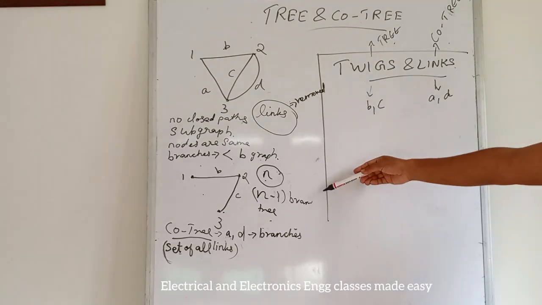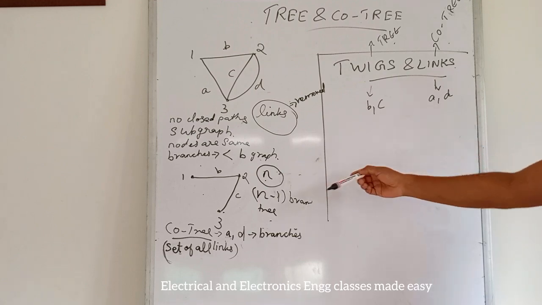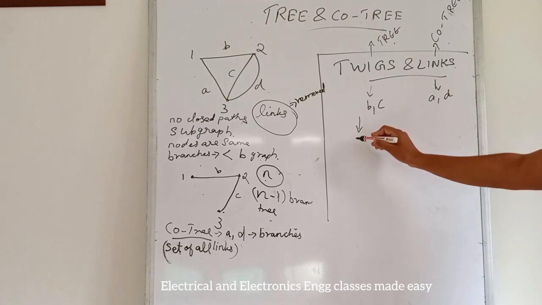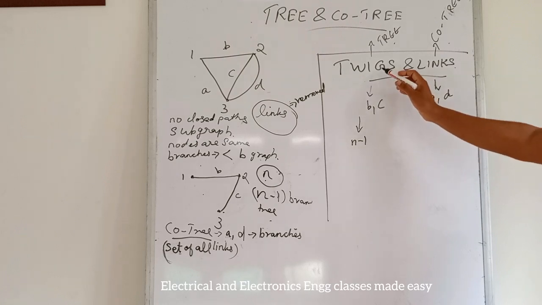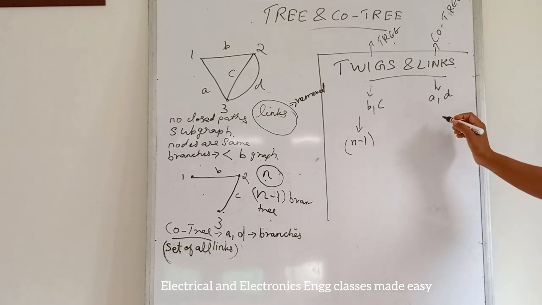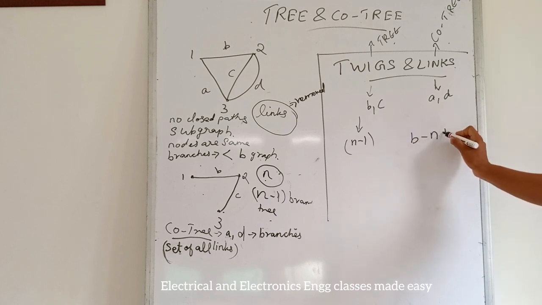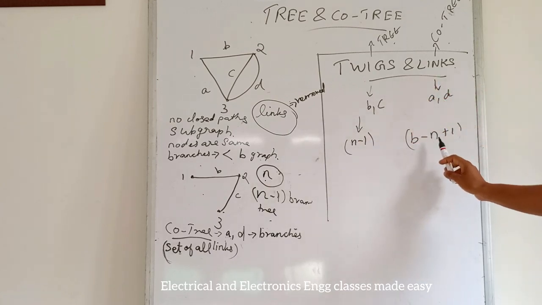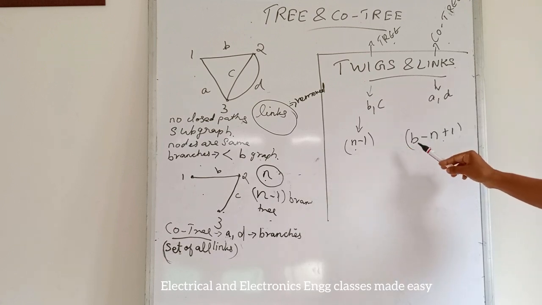And we have already said that if there are n nodes, then there will be n minus 1 branches in a tree. So the number of twigs is n minus 1. The number of twigs for a selected tree is n minus 1, and the number of links is b minus n plus 1, where n is the number of nodes and b is the number of branches.